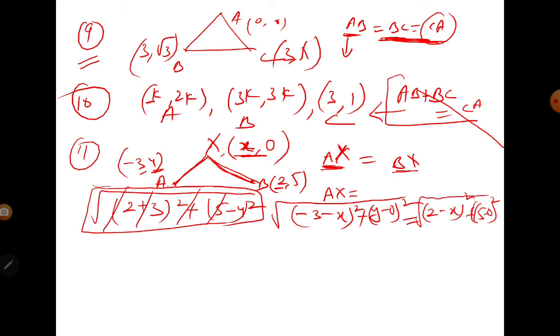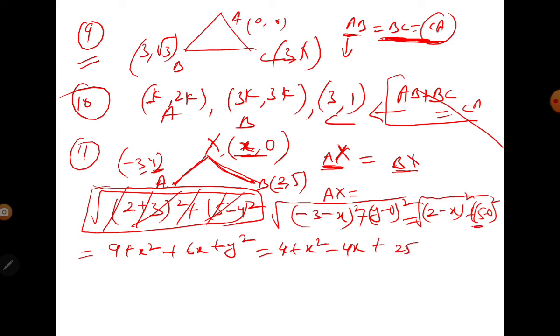Okay, so now leave this part. Now we have (a plus b) whole square, so we'll apply the identity here: 9 plus x square plus 6x, plus y square, which will be equal to 2 square, that is 4, plus x square minus 4x plus 25.